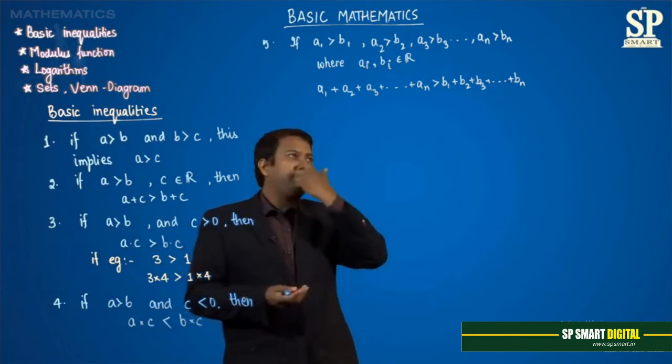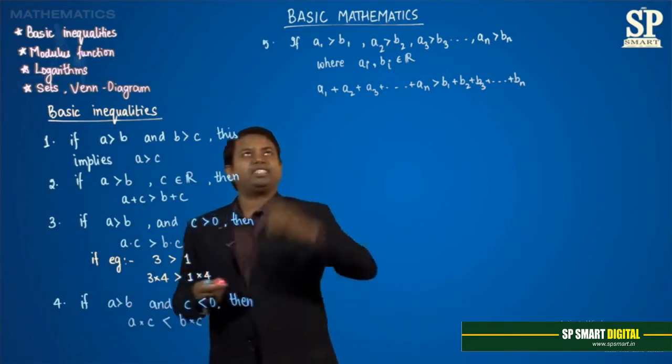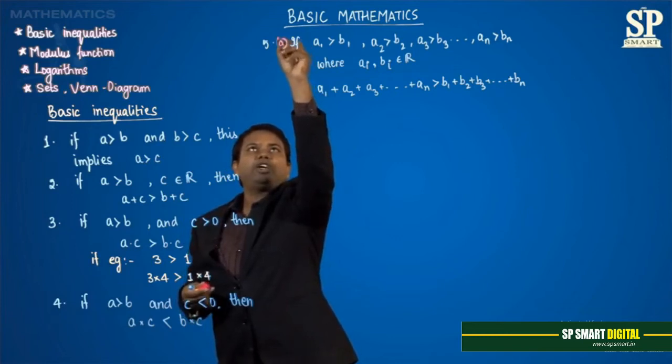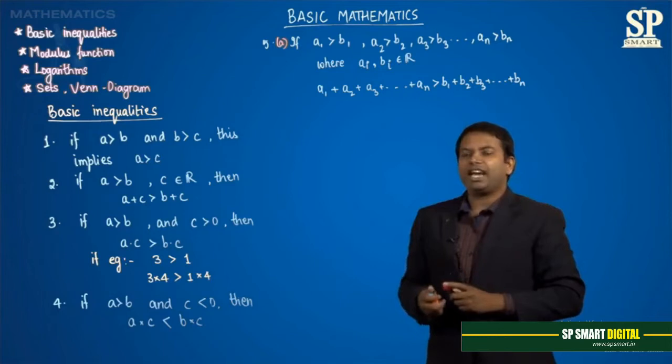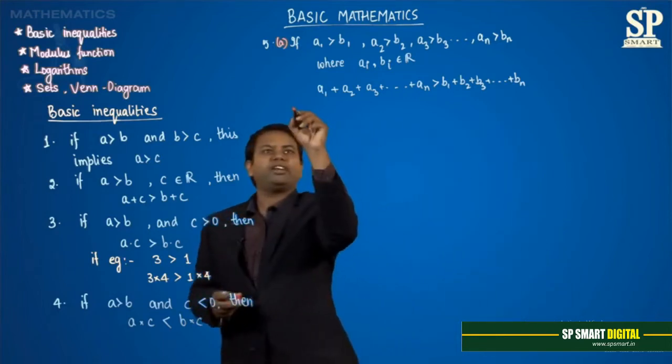Let me name this as 5a, because we can have another inequality if all these Ai's and Bi's are positive, greater than 0.